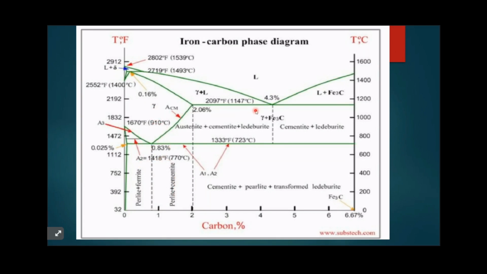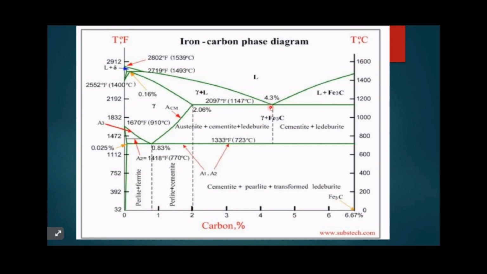When we move to cast iron, first of all, when the temperature reaches 1600 degrees Celsius, as in the case of steel, it will be in the liquid stage. When the temperature slowly decreases and reaches 1147 degrees Celsius, that is the high critical temperature, the liquid stage will be converted into gamma plus liquid and liquid plus iron carbide.